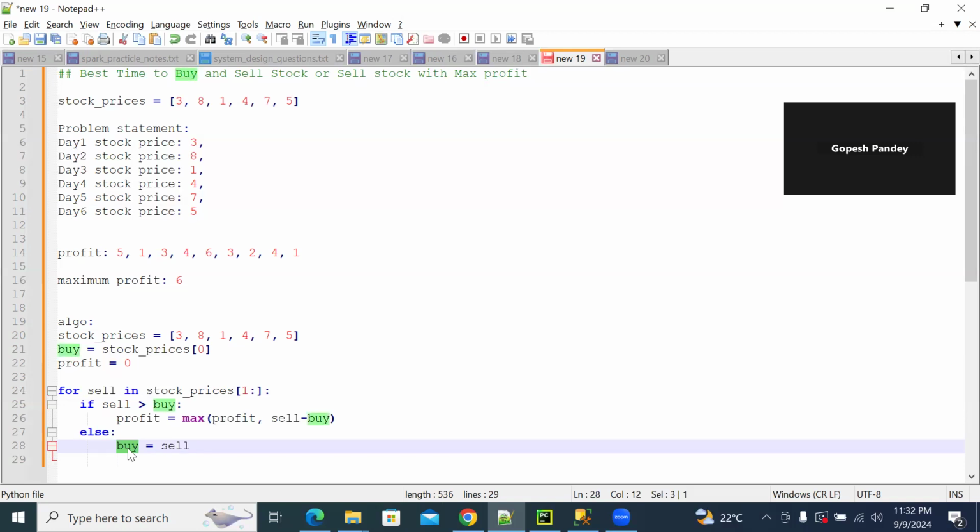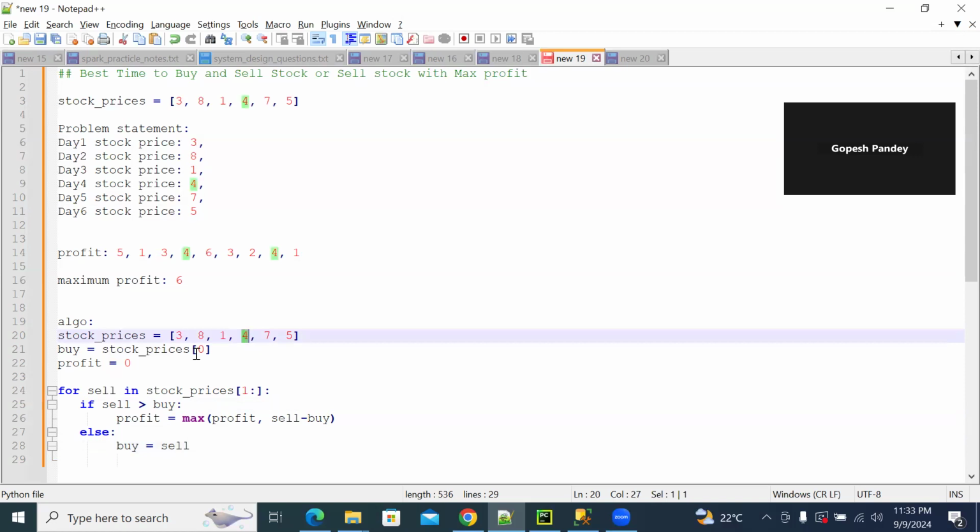For the start we have just assigned the first element, but you have to keep this condition on, and when your sell is not greater than buy, you assign that sell to buy. So this is what we are doing. Now 1 is greater than 3? That is not true. So we updated buy with the sell amount.